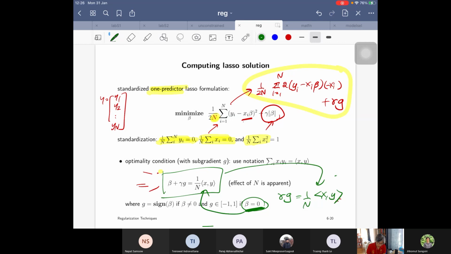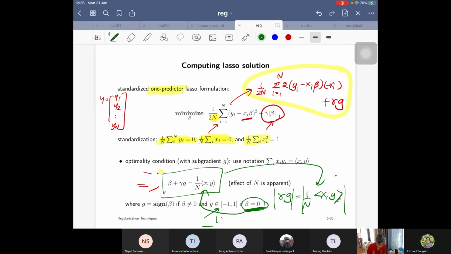And then if you put the absolute value of this guy, all right? And then because when beta is 0, g is between -1 and 1.